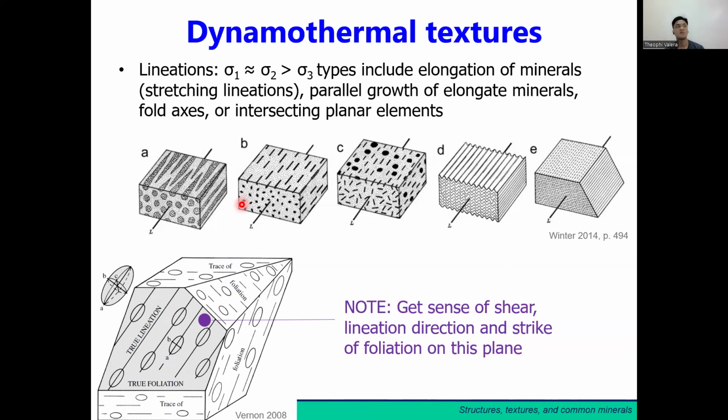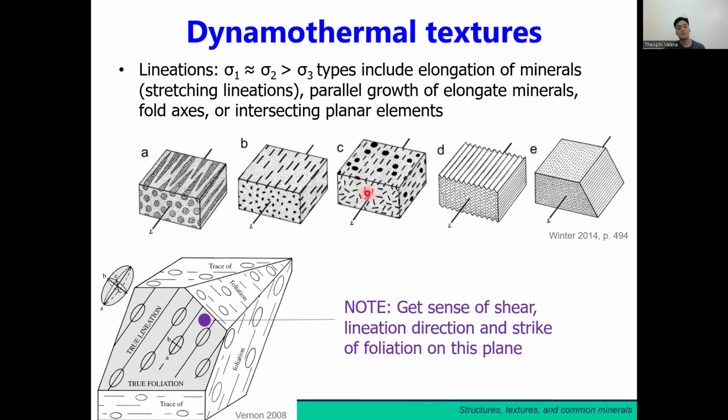The difference again is that foliations are planar arrangements of minerals, while lineation is the linear arrangement of minerals, which is parallel to sigma 3, at least for stretching lineation. So if you have minerals that are preferentially elongated in one direction, that is lineation. If your elongate minerals are random, then there's no lineation, just foliation.